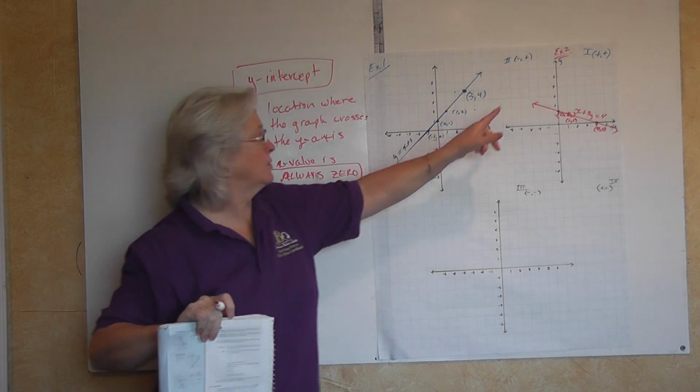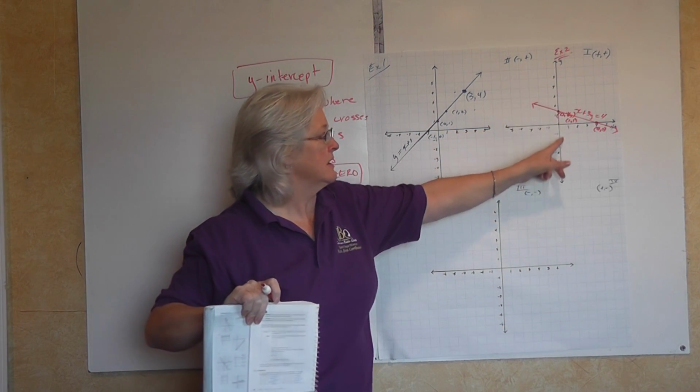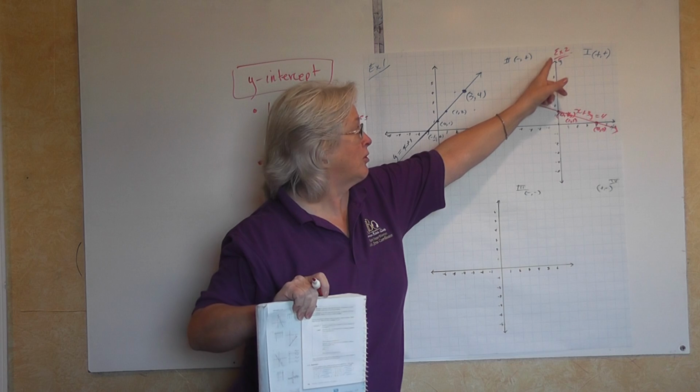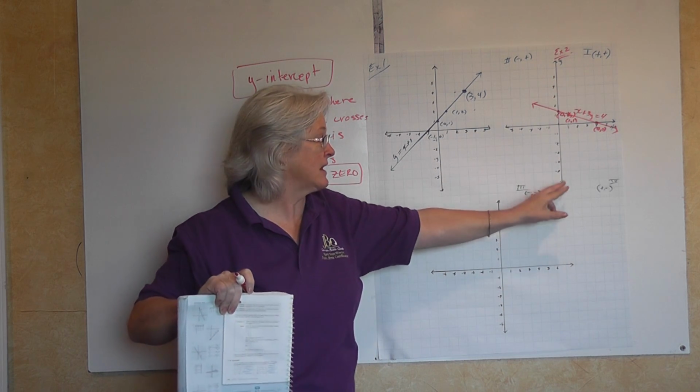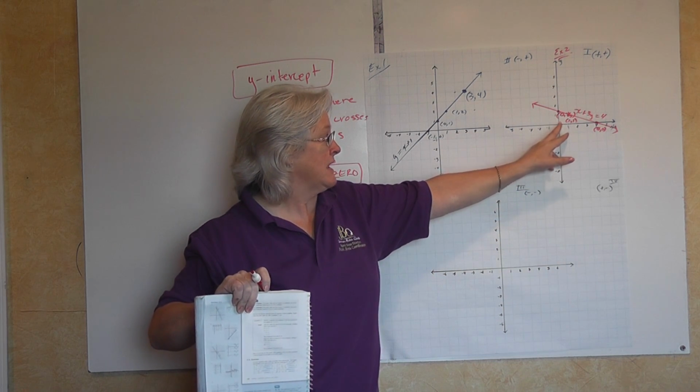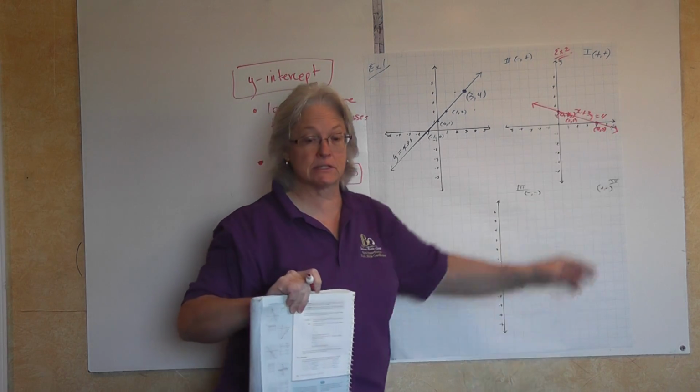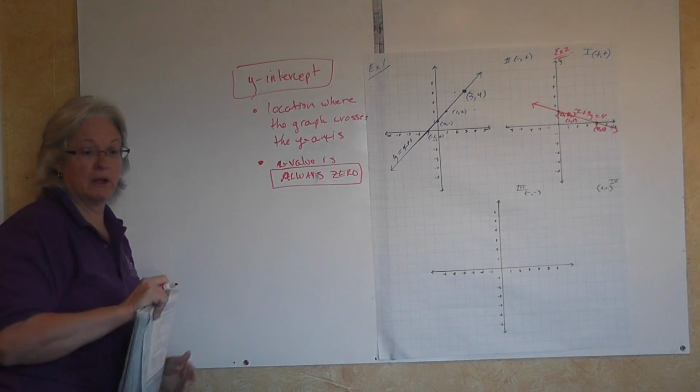Wherever it is, if the graph of that line is crossing or intersecting the y-axis, the x-coordinate has to be 0. No other way to get around it.